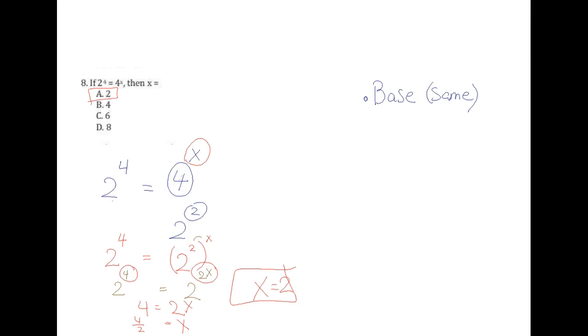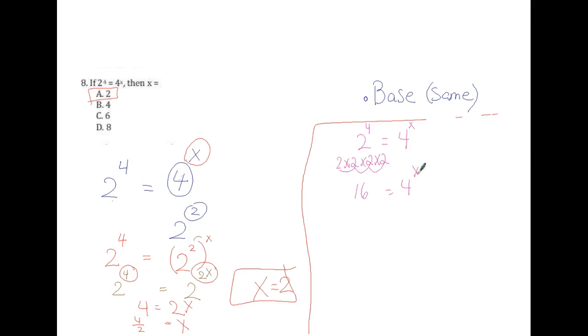If that was too confusing, then you can simply say, okay, let's do it in a different way. 2 to the 4th equals 4 to the x. You can just simply say, okay, so 2 times 2 times 2 times 2, 4 times, and multiply. 2 times 2 is 4, 4 times 2 is 8, 8 times 2 is 16, equals 4 to the power x.